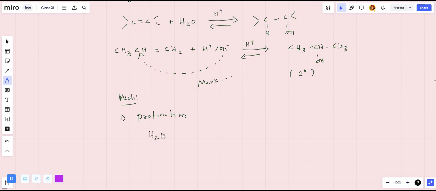Water reacts with H plus, that means the H plus present in the acid, and it becomes H3O plus. So what will happen now? The H3O plus will attack the alkene. If you take the alkene, this is the alkene and this is H3O plus.